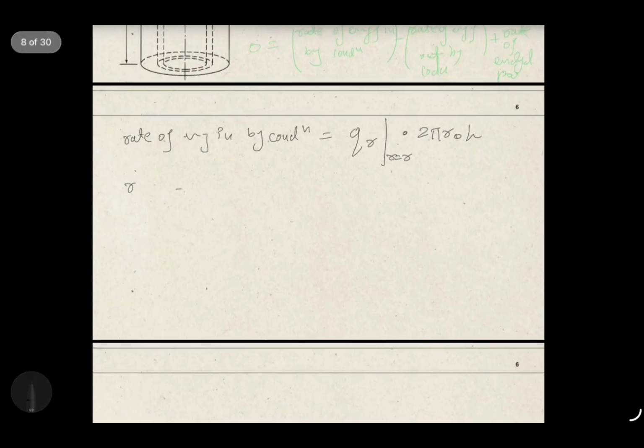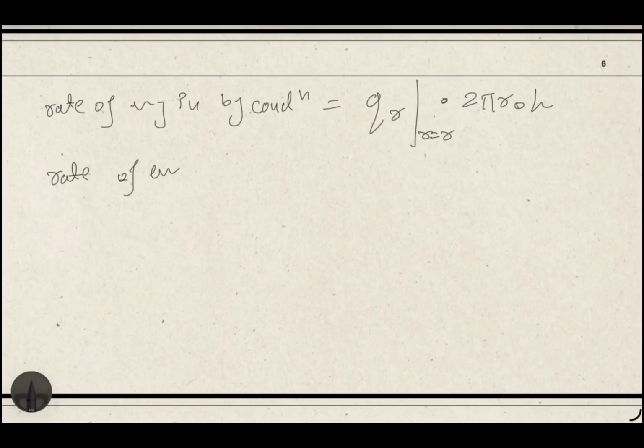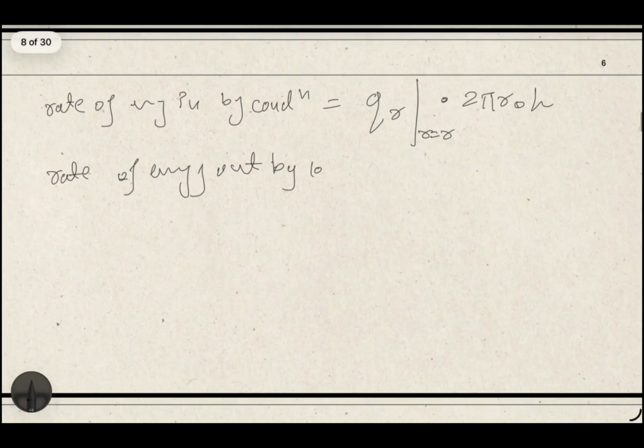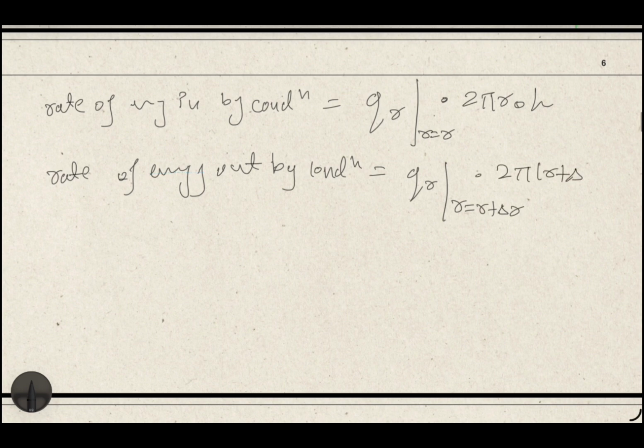Similarly, the rate of energy out by conduction would be q_r at r equal to r plus delta r, into 2 pi (r plus delta r) into L.